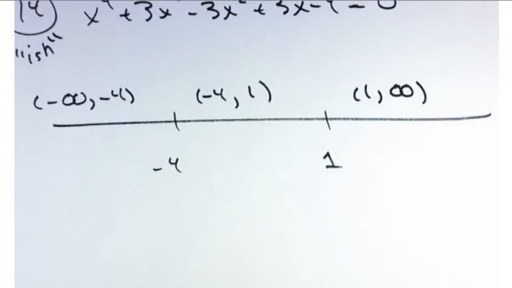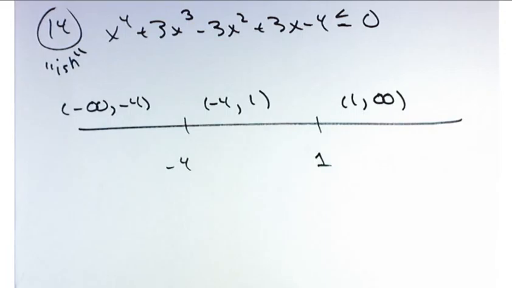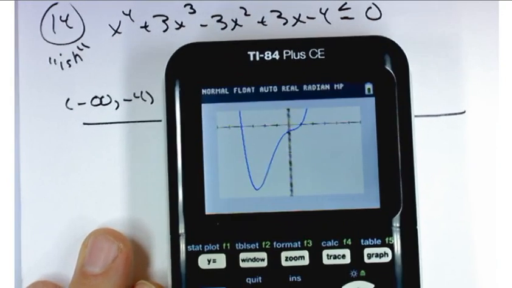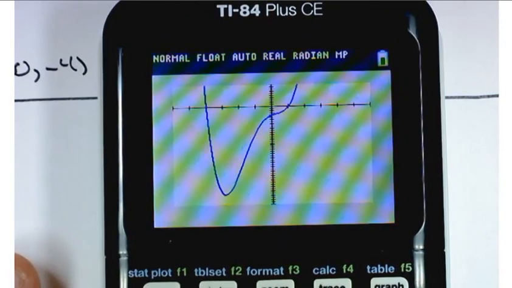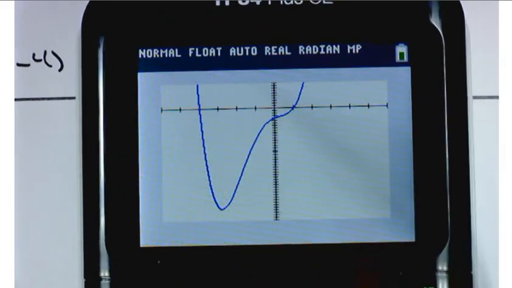Now I could, if I wanted to, test points. But I think the window we used gave us a pretty good graph. So maybe we can figure out what the signs are without necessarily testing points. Or maybe we'll go back and test points afterwards. But let's take a look to the left of -4.